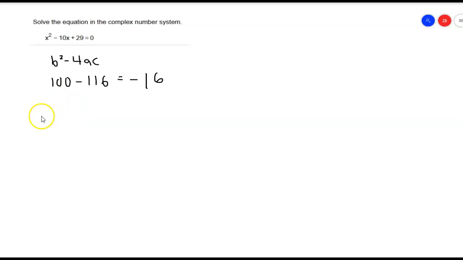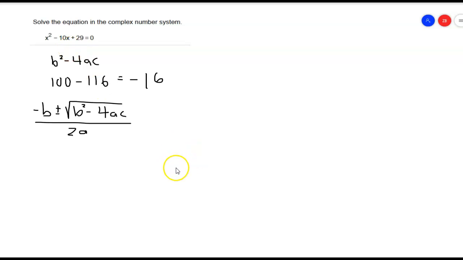Now when we look at our quadratic formula, which is negative b plus or minus the square root of b squared minus 4ac, all over 2a, remember this quadratic formula is going to give us our two solutions, where we get the zeros of our function.